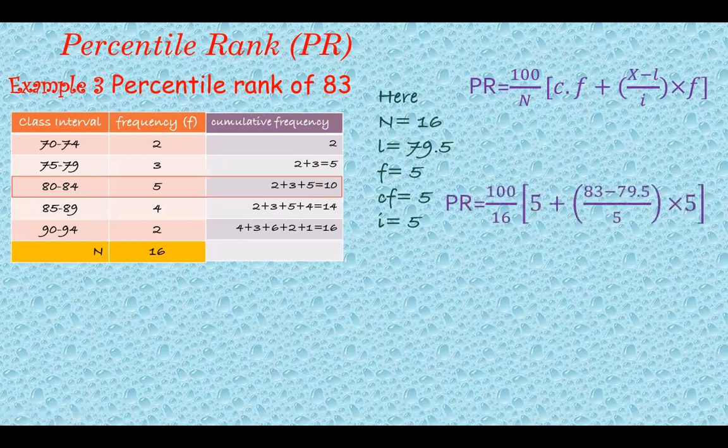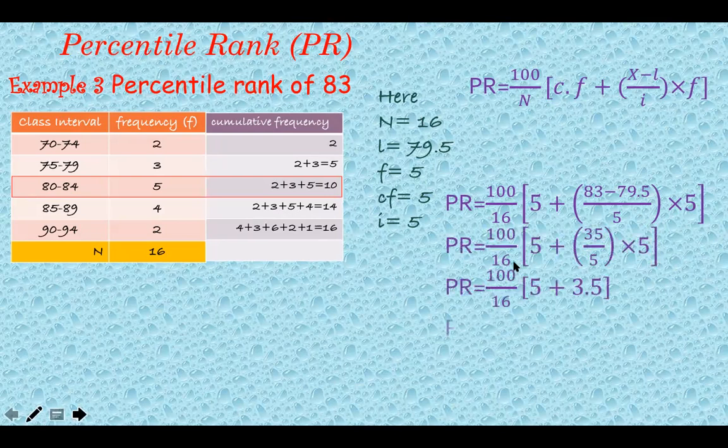The percentile rank of the 83rd score is calculated by this formula: 100 divided by 16. What is 16? It is the number of observations, and 5 is the cumulative frequency, and then the raw score is 83. Then the lower limit of the class interval is 79.5, the size of the class interval is 5, and the exact frequency is also 5.